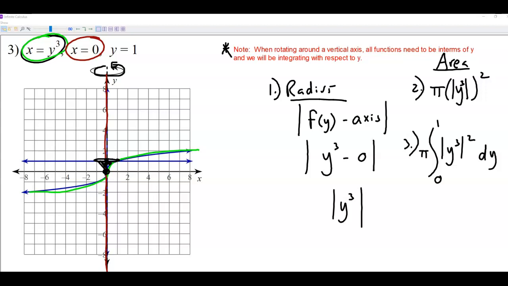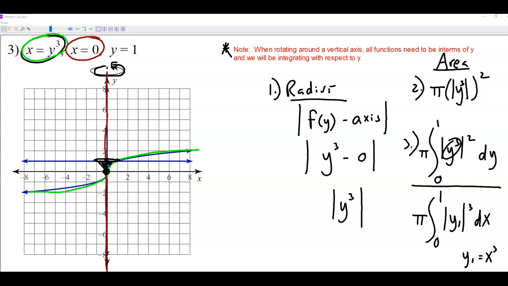All right? And once again, at this point, we're going to put it in our calculator. Now, you've got to remember, your calculator only does integration with respect to x. So when we type it into our calculator, it's going to look more like this. Where we have defined y1 as x cubed instead of y cubed. Because your calculator is not going to do things in terms of y. It just doesn't do that.